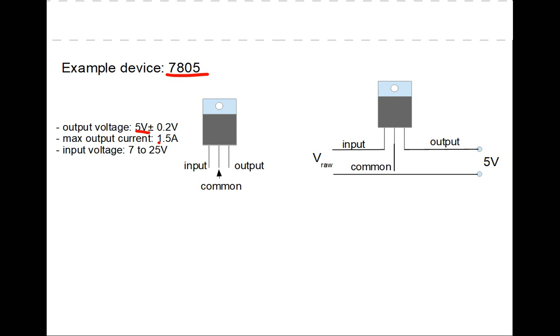It has a maximum output current of 1.5 amps, and the input voltage goes up to 25 volts. The picture of this is really, really important. One side's the input, one side's the output, and the center is the common. And you can tell by this tab, when you see the tab with a little recess here, this is the proper orientation. And flipping this thing around will cause you to damage it. So be careful with it.